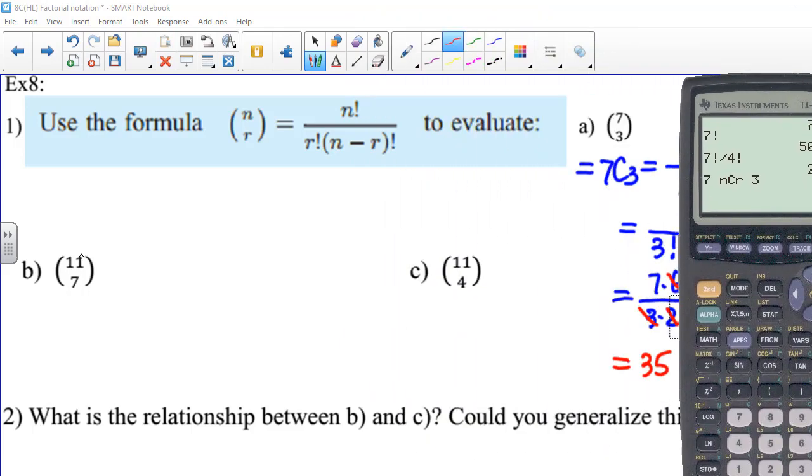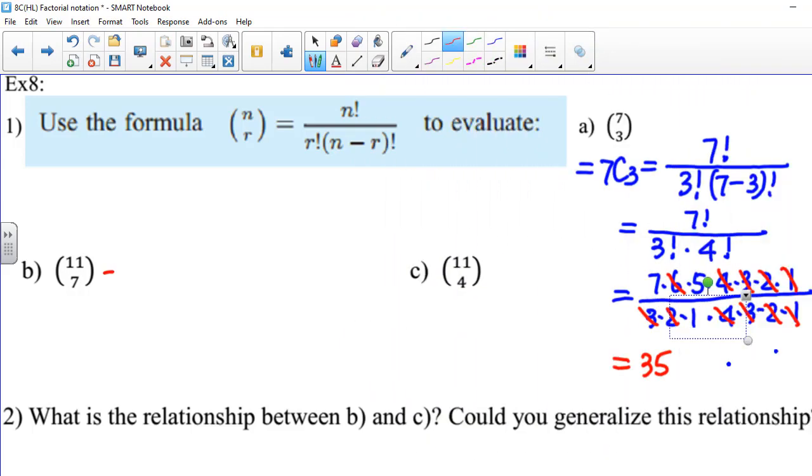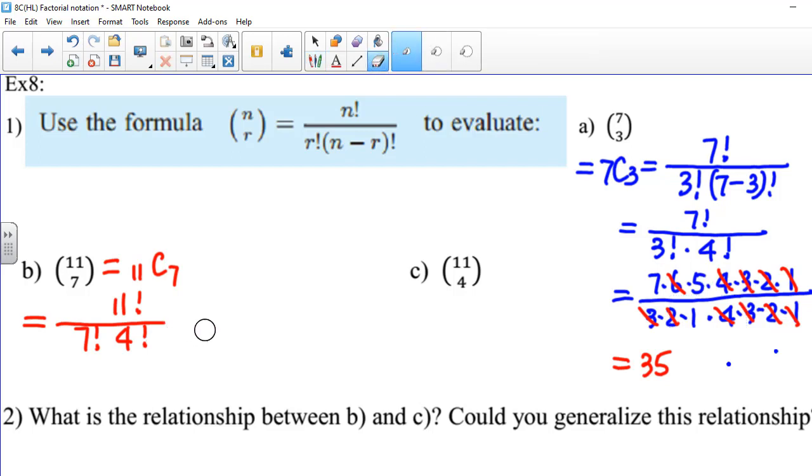Let's calculate the next one, 11C7. Try not to use the graphing calculator to calculate this value. Based on the formula, it should be 11 factorial divided by 7 factorial times 11 minus 7, which is 4 factorial. You can write down 11 factorial as 11 times 10 times 9 times 8 all the way down to 1.